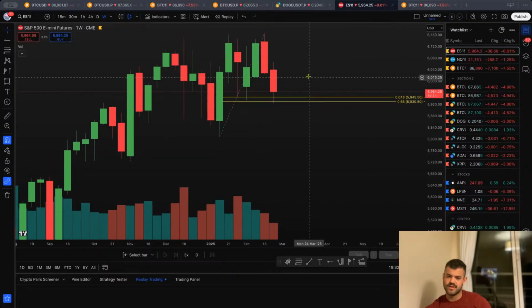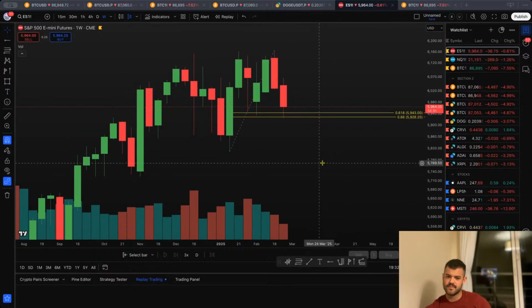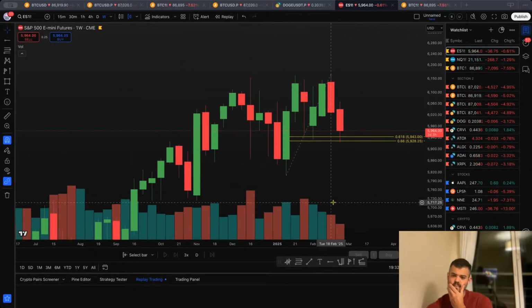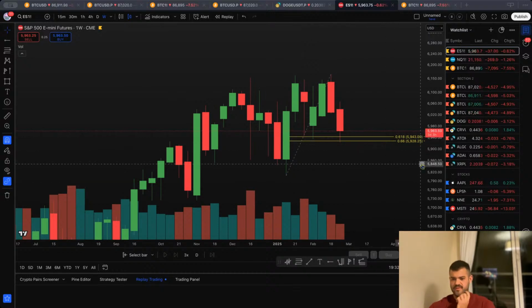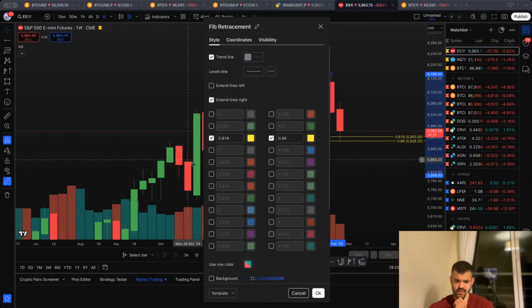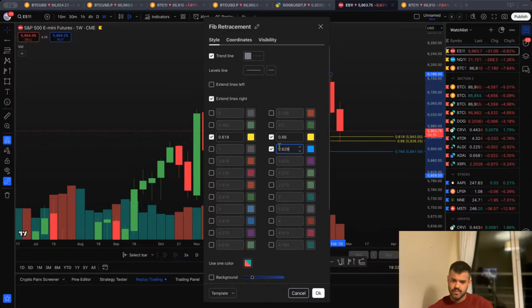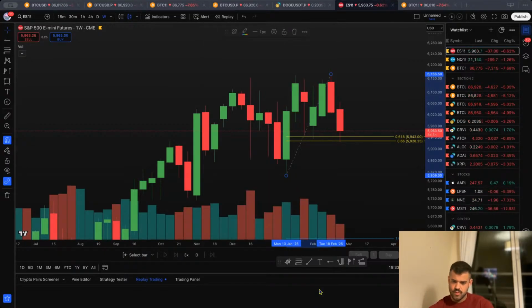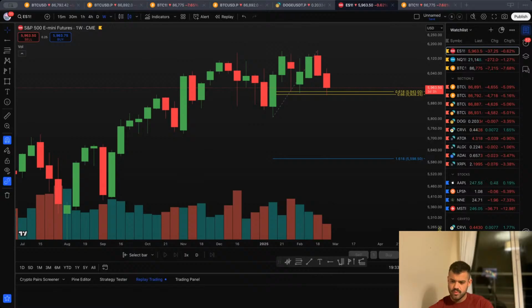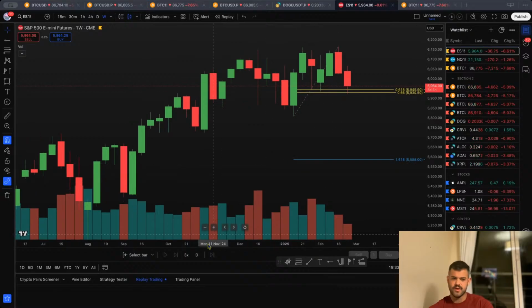The thing is, nobody looks at this on higher time frames either. They'll just look at it from a lower time frame. I mean, if it breaks this, we could look to the 1.618. Where would that put us? All the way down there.